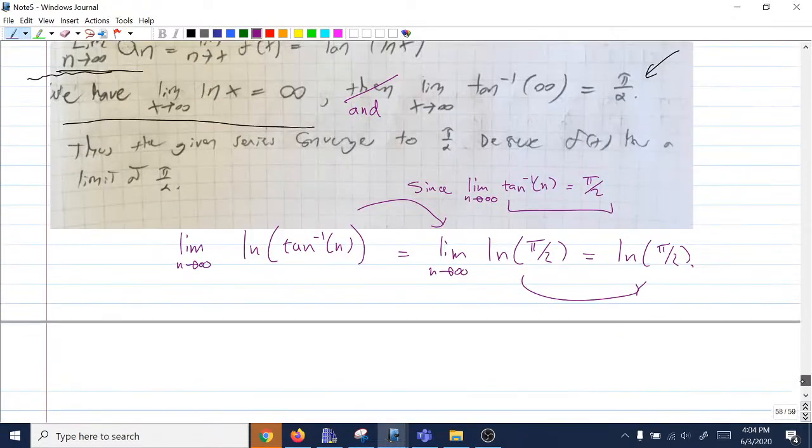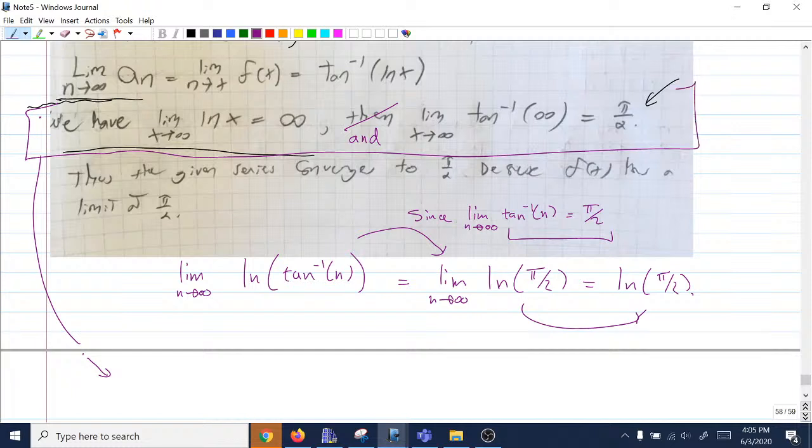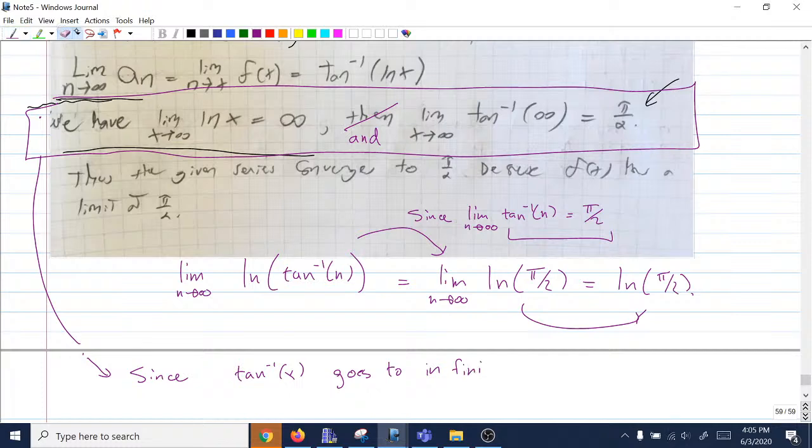I think a good turn of phrase to have in your pocket to be able to handle these things is state these two limits. These are the two important limits. Since ln of n goes to infinity, or since tangent inverse goes to infinity, I guess you can use the symbol here.